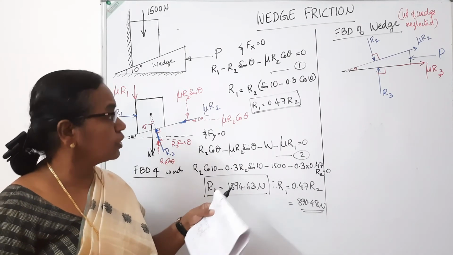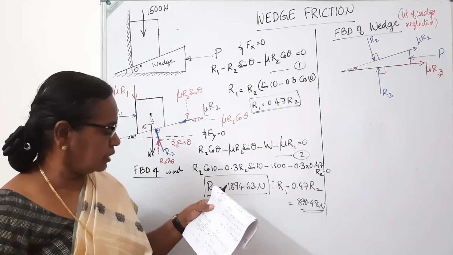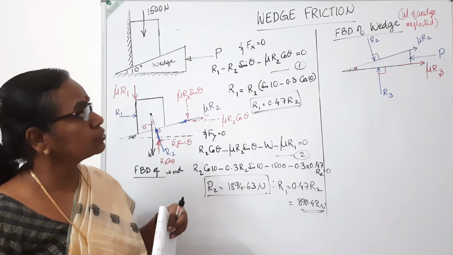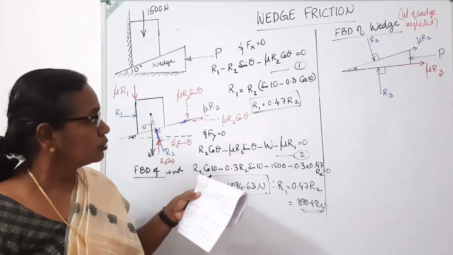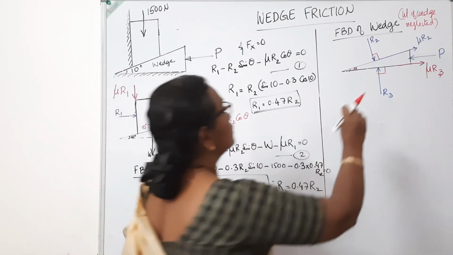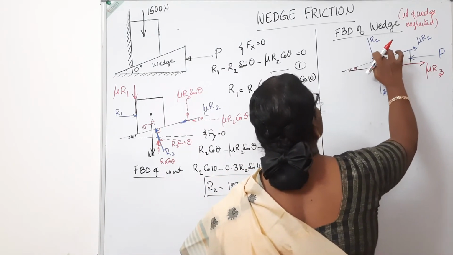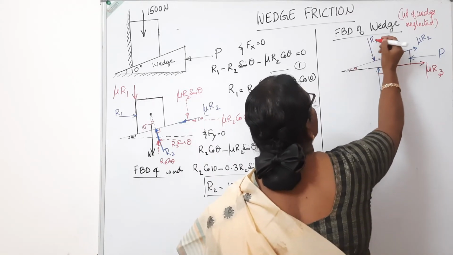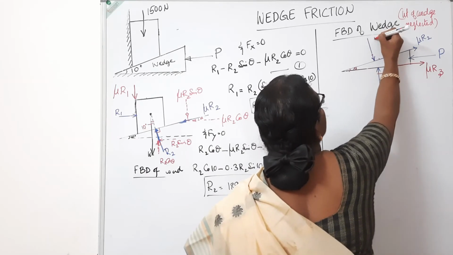Now considering the forces, mu R3 and R3 are in the normal x and y directions. R2 and mu R2 are in inclined directions, and we have to resolve those two. What about R2? If this angle is theta, I will drop a perpendicular here.